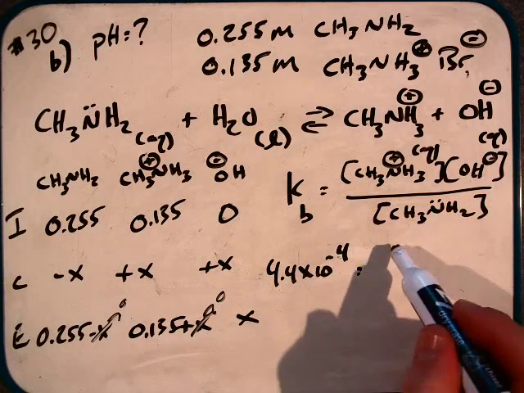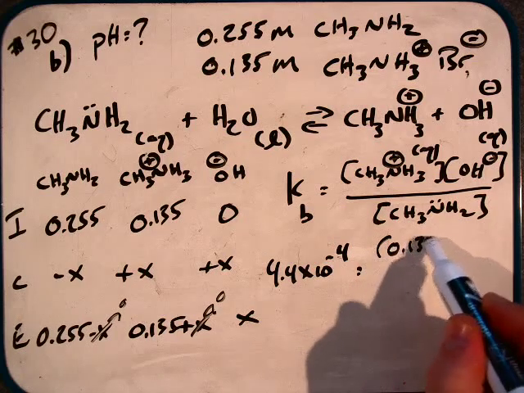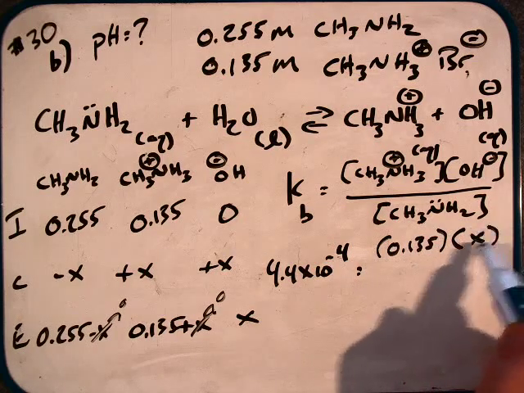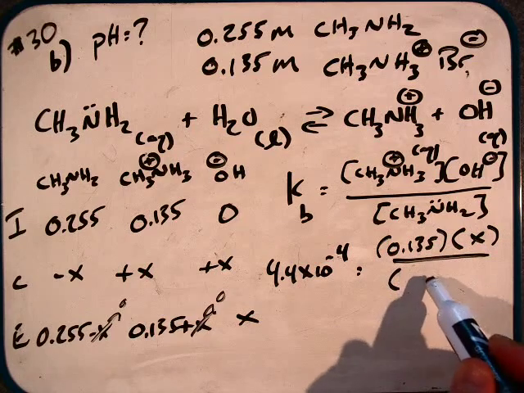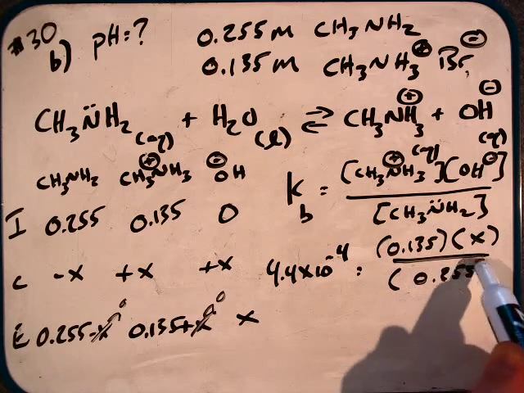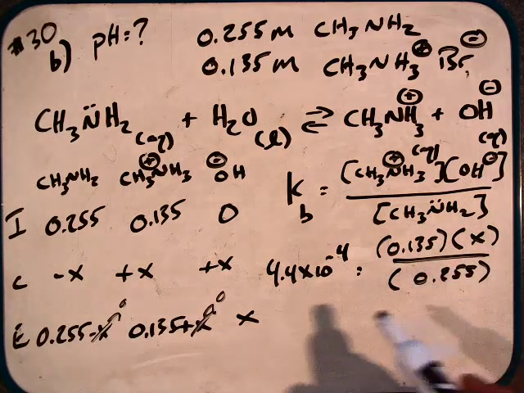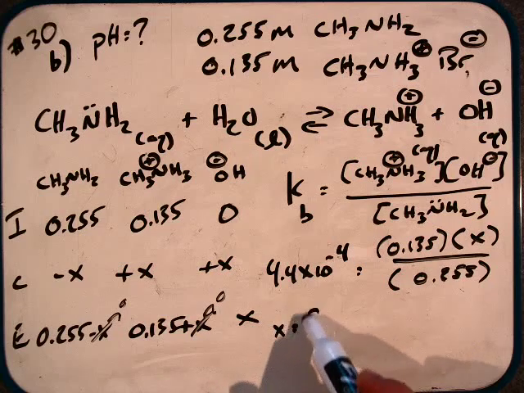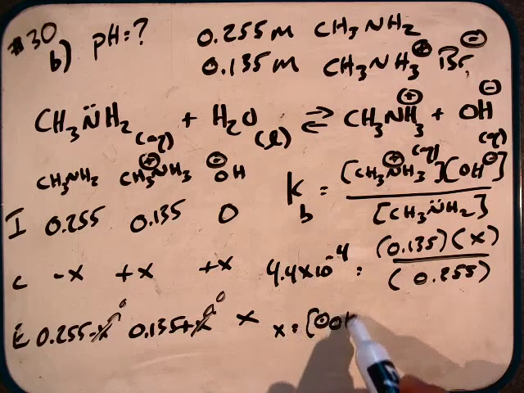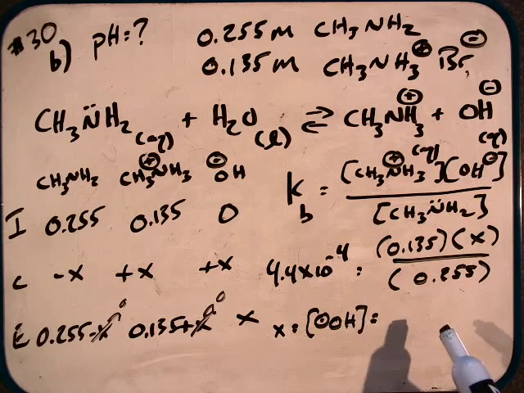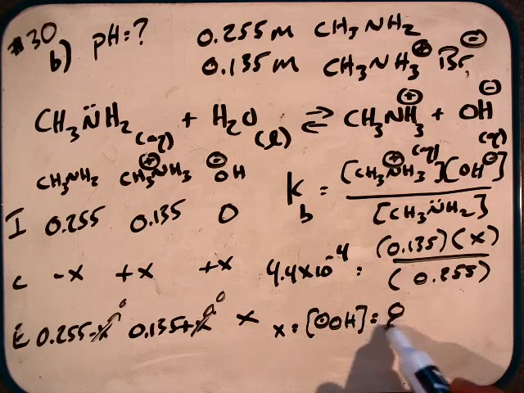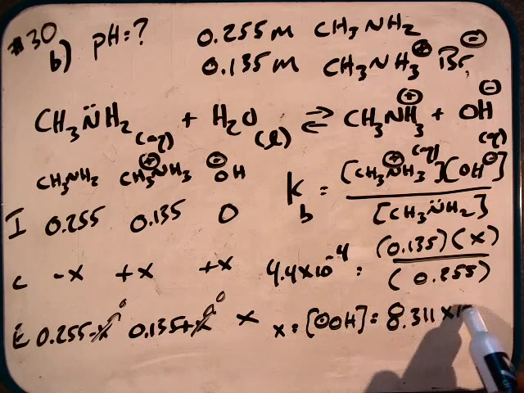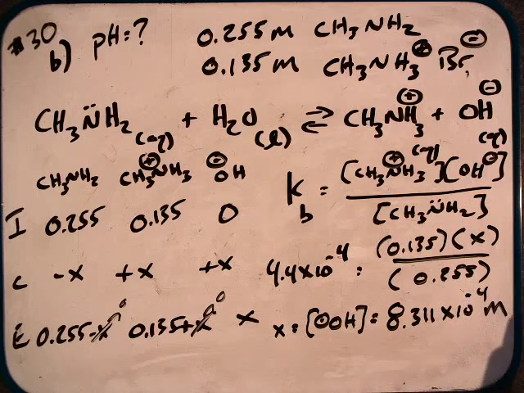And we can plug in the other equilibrium concentrations. And we can solve for X, right? And X, remember, is going to be our hydroxide concentration. And X is equal to 8.311 times 10 to the -4th molar. So that's our hydroxide.